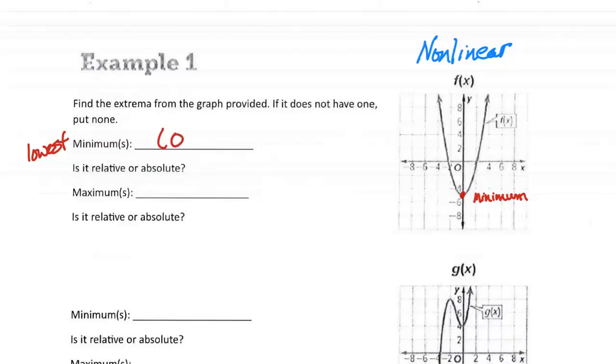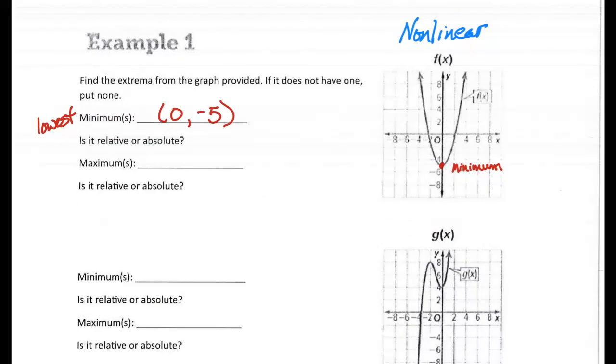It is (0, -5). Because it is the lowest, is that a relative or absolute minimum? Is it the lowest point? So it is absolutely the lowest point, or is it just kind of a small dip for the graph? It is absolute. So this is an absolute minimum.